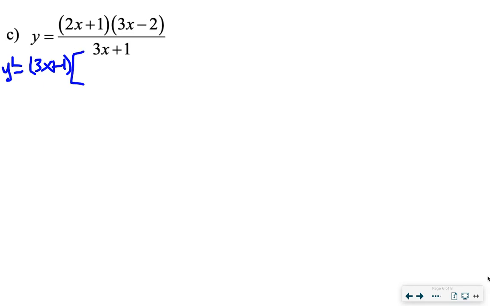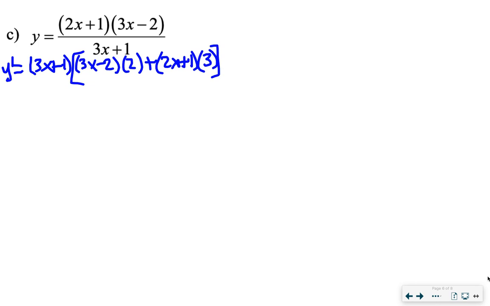Right, when I'm finding the derivative of the top, I'm doing my product rule. So second d first plus first d second. So second d first plus my first d second.